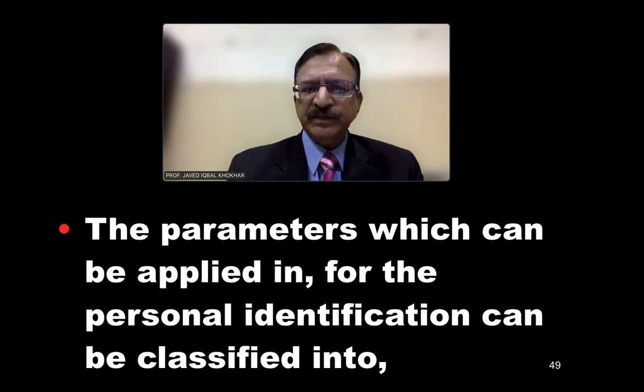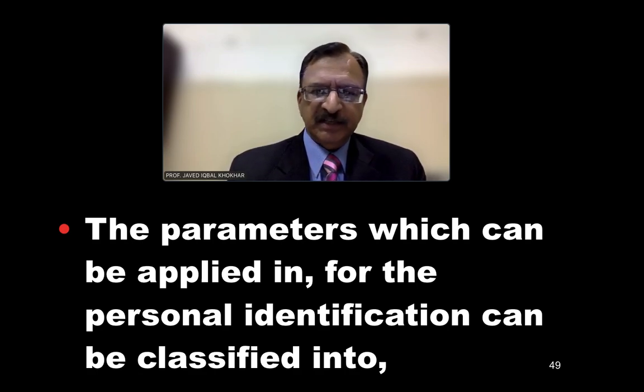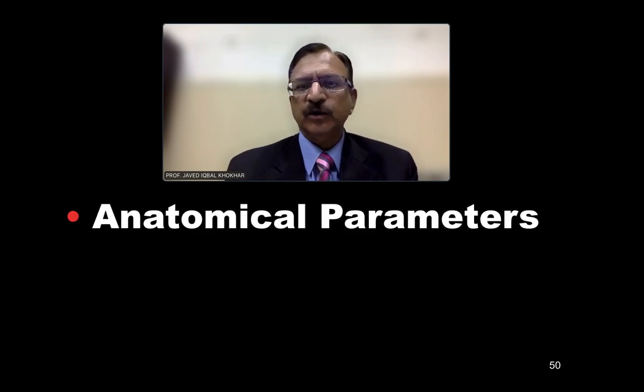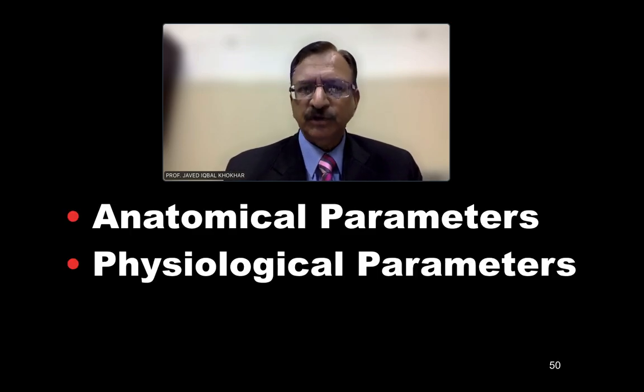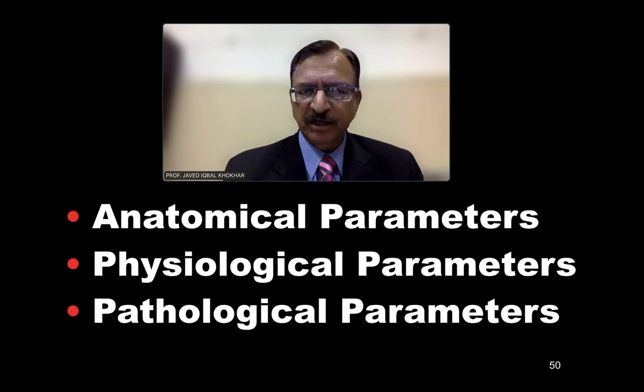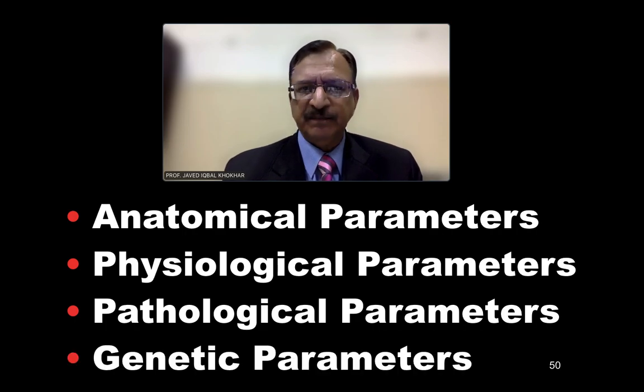The parameters which can be applied for personal identification are usually classified into anatomical parameters, physiological parameters, pathological parameters, and genetic parameters.